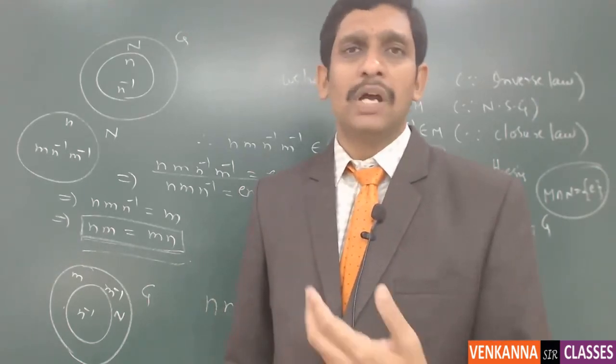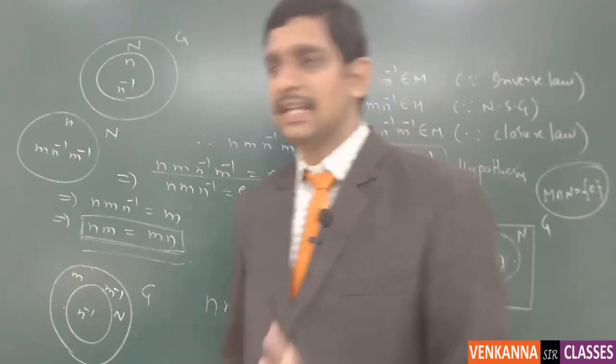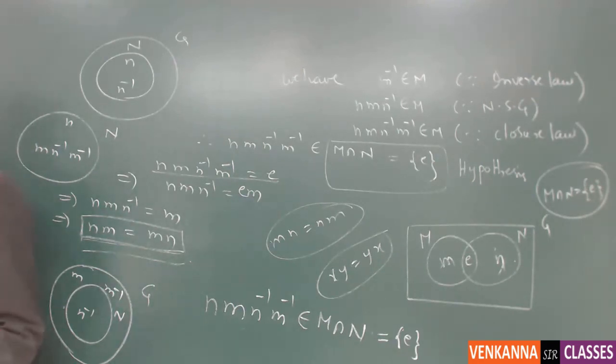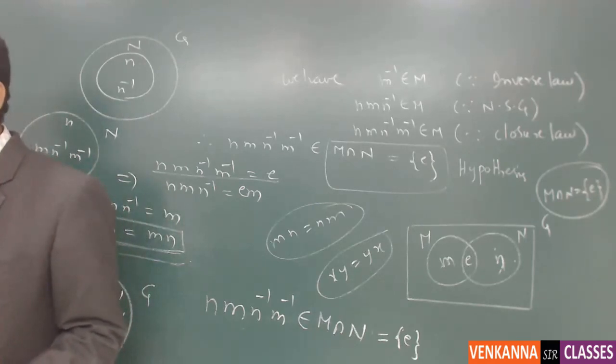I will take up to 90 to 95% coverage of previous year questions in the class itself, so class notes are sufficient for you. But it takes some more classes. We need to consider a minimum of 50 hours for the completion of abstract algebra. Okay? Is it comfortable for you?